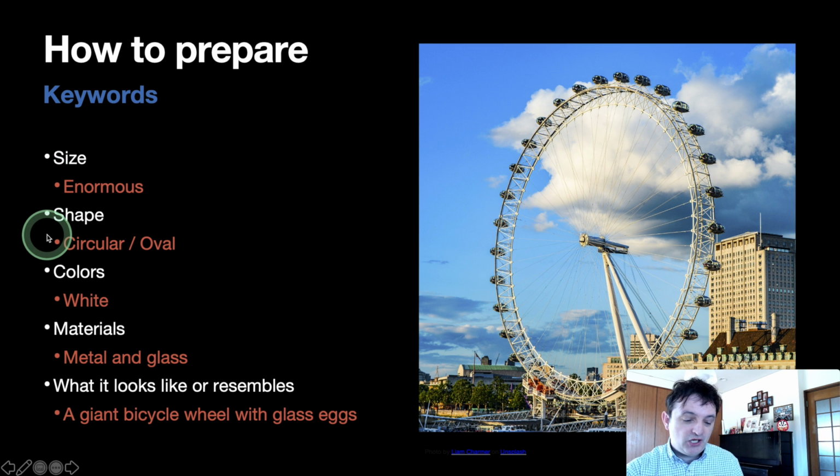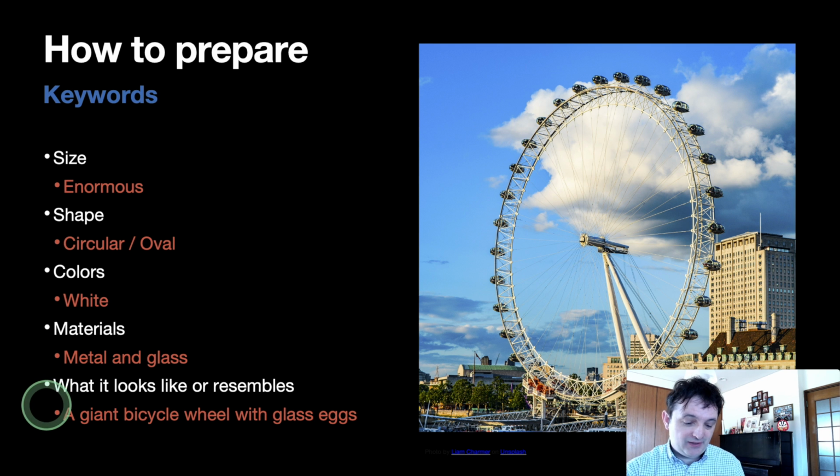Next, we've got shape. There's nothing interesting here. Basically, it's a big circle, so we can say it's circular. And oval for the passenger capsules that are attached to the outside of the wheel. Colors, again, doesn't seem very interesting. It's just white. And materials, very basic again, metal and glass.